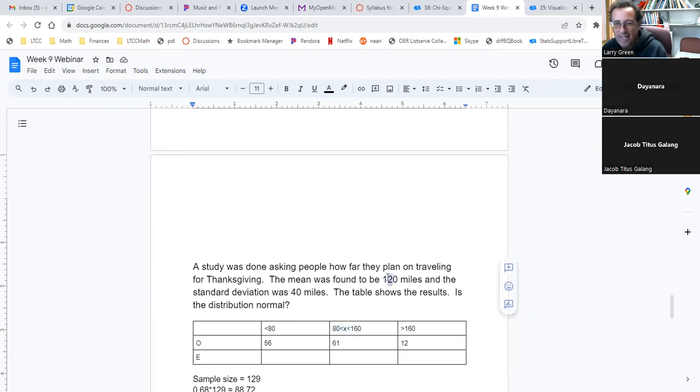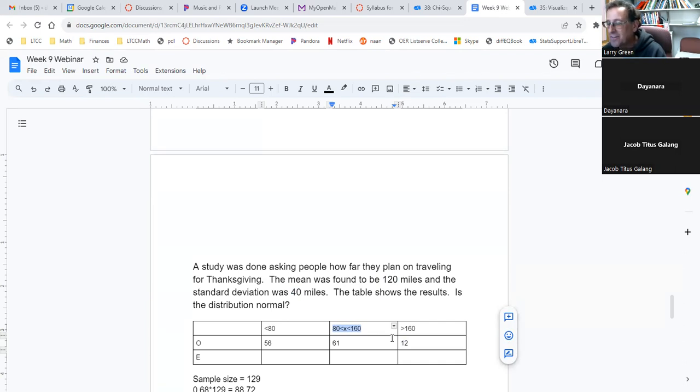If you take 120 and subtract 40, what do you get? It's 80. And what's 120 plus 40? That's 160. So being between 80 and 160 means that you're within one standard deviation of the mean.